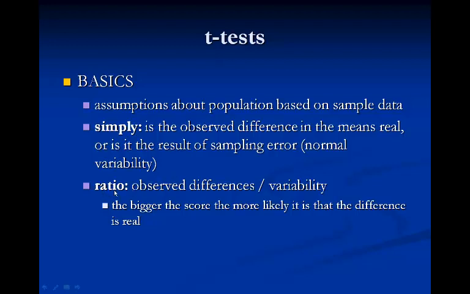And it's a ratio, because it takes the observed mean difference divided by an index of variability, the standard error of the mean, estimated from the sample standard deviation. And so the bigger the t score, the more likely it is that the observed mean differences are real and not due to chance.